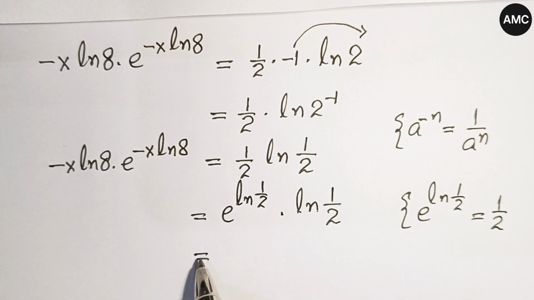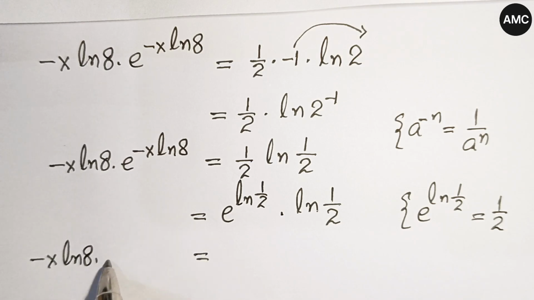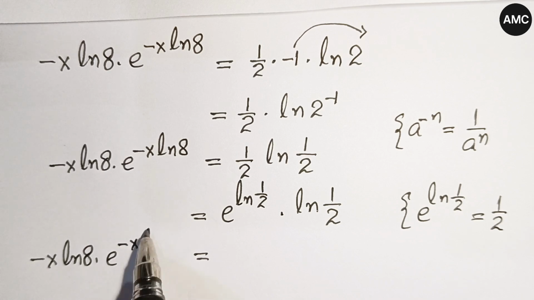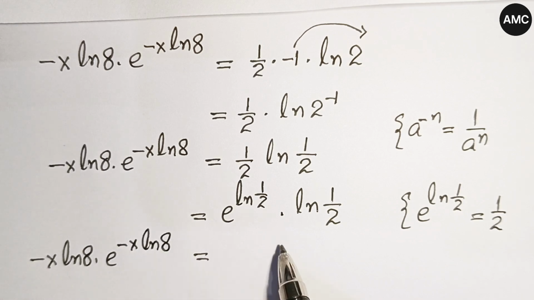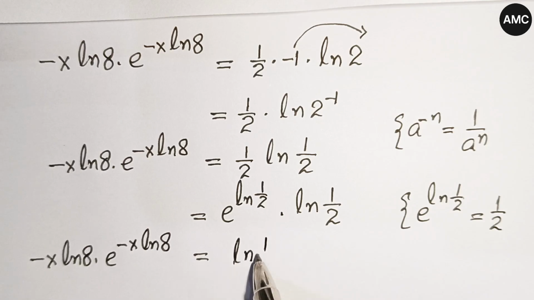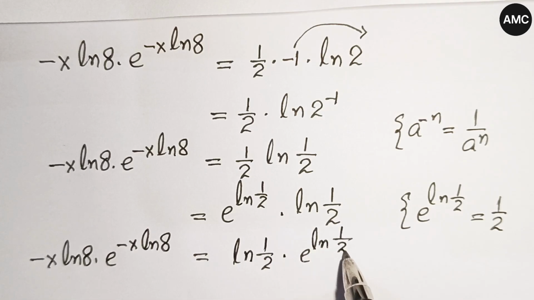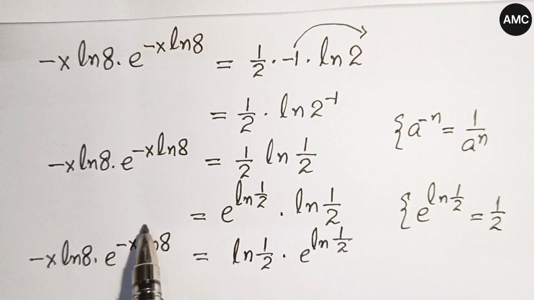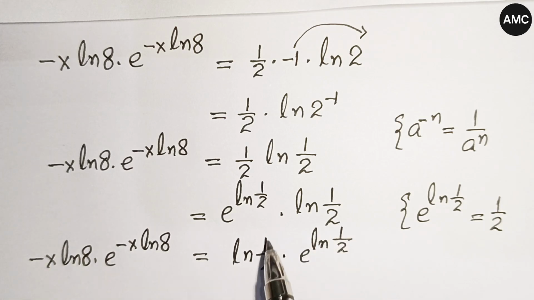If we rearrange, our left hand side is equal to natural log of 1 over 2 times e to the power natural log of 1 over 2. Now we see that this expression and this one are the same. Similarly on our right hand side, this expression and this are the same expression.